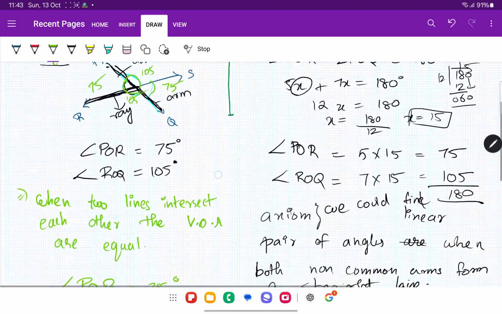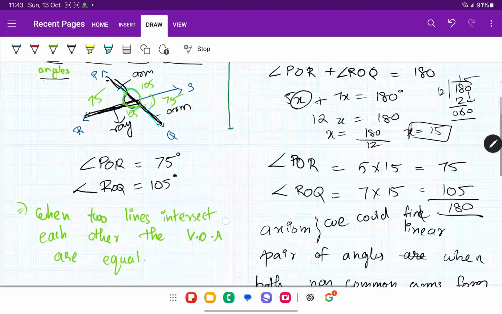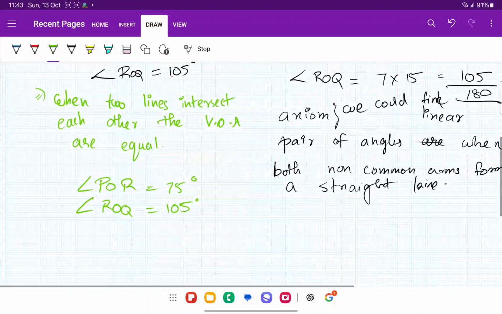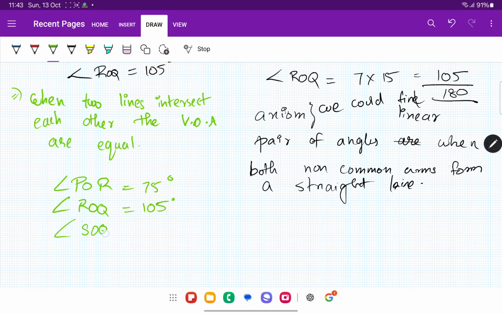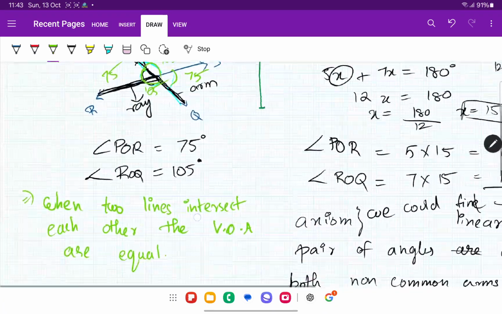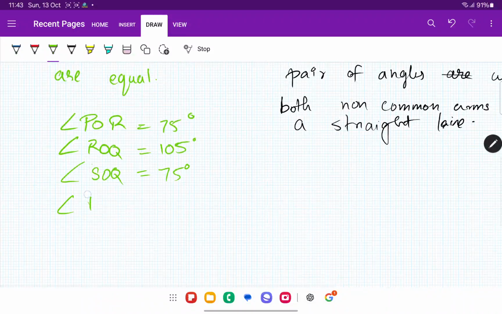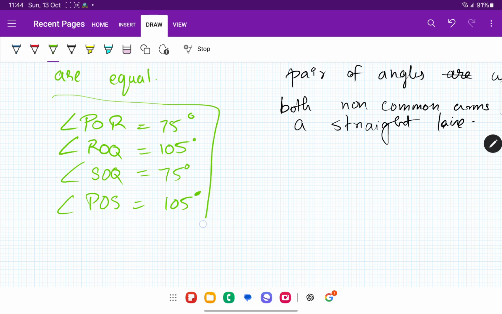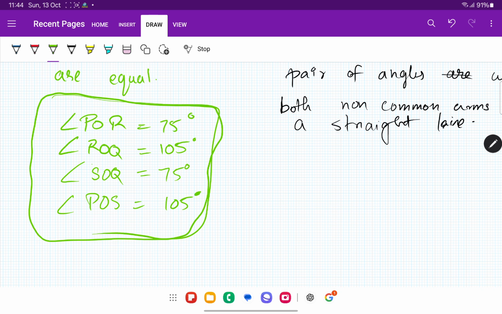Next, angle SOQ equals 75 degrees, and angle POS equals 105 degrees. These are the angles formed. We have found all the angles formed, since they are vertically opposite angles.